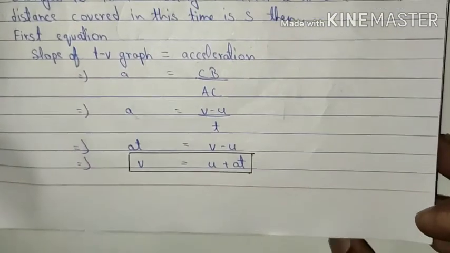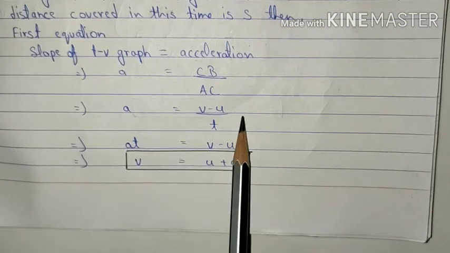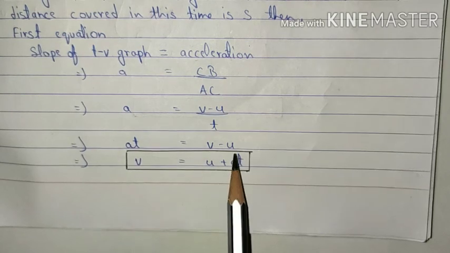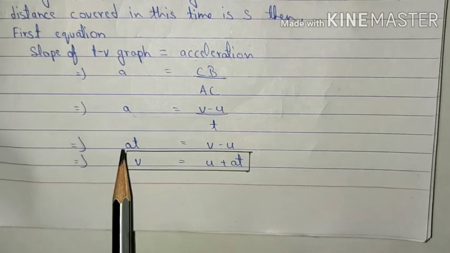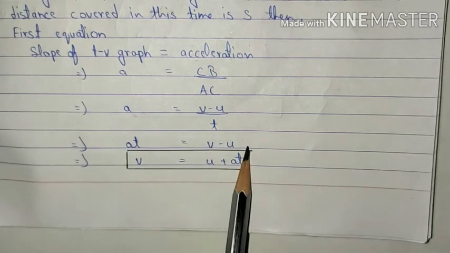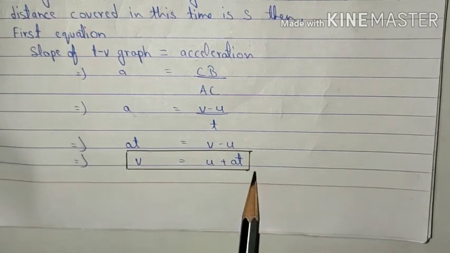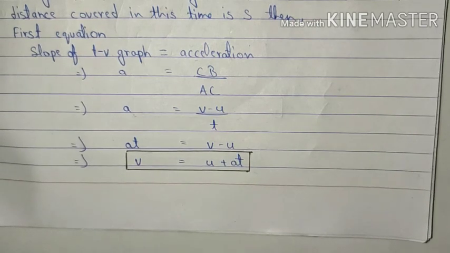Further, moving t this side, we get at is equal to v minus u, which can also be written as v is equal to u plus at, which is our first equation of motion.